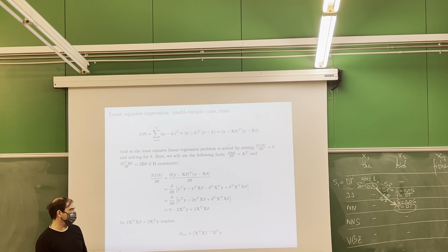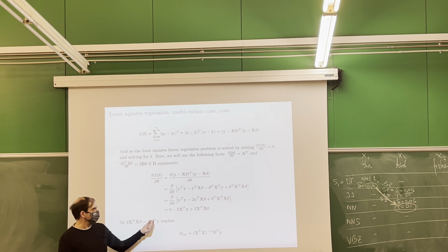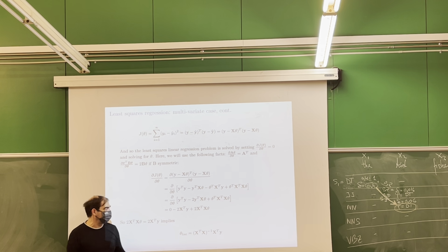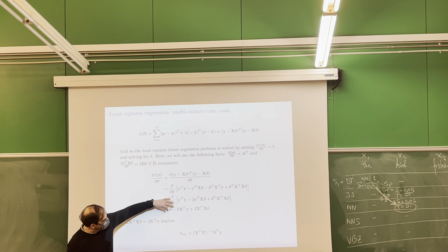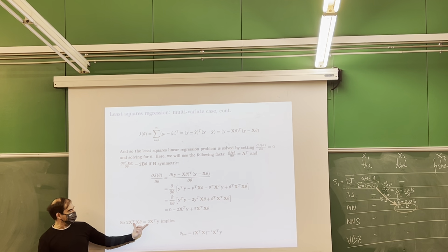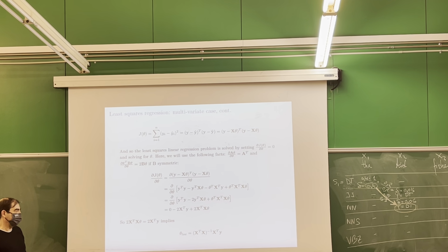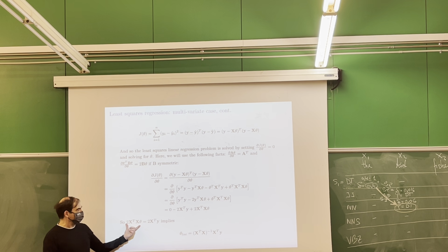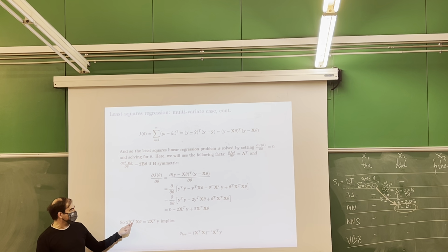And then the thing that you have to do is to equate this to 0. Okay? So if 0 is equal to this thing, you can move this part to the other side, and then you have this term. Okay? And then you can remove the 2 and the 2 of both sides, and then you can multiply also in both sides by x transpose and multiply it by x, the inverse of this, multiply this from the right.